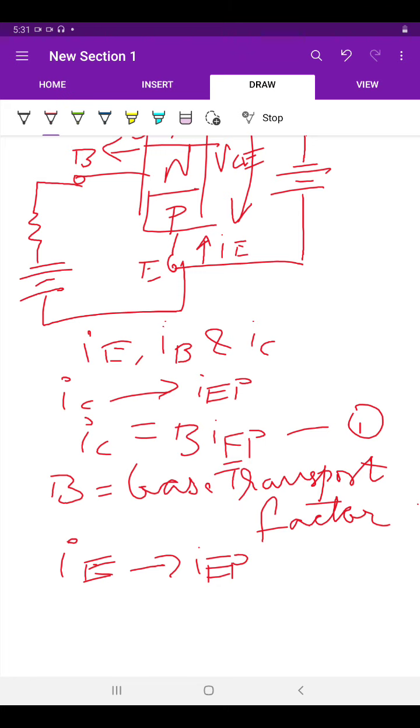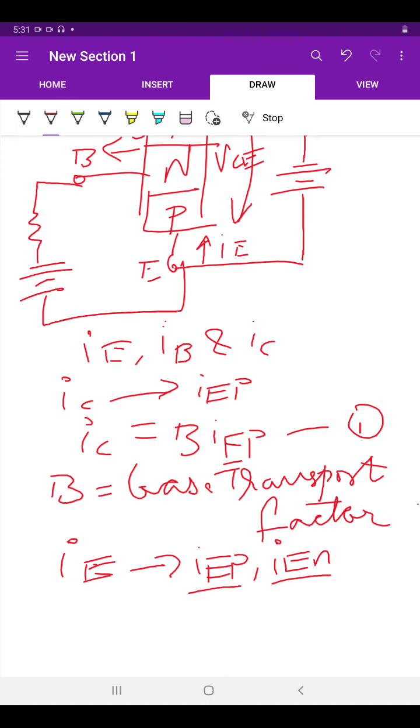Earlier we have seen that IC is proportional to the hole component of the emitter current, that is IEP. Now let us consider the total emitter current IE, which is made up of the hole component IEP and the electron component IEN. So IEN is the electron component, due to the electrons which are being injected from the base to the emitter terminal.